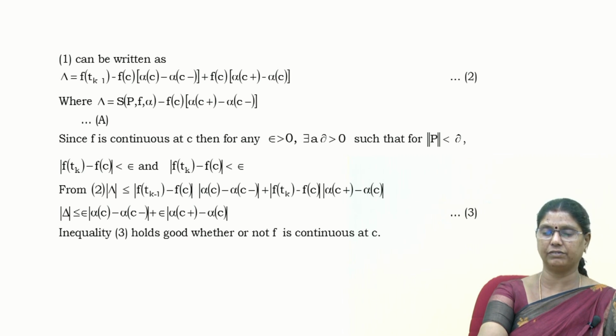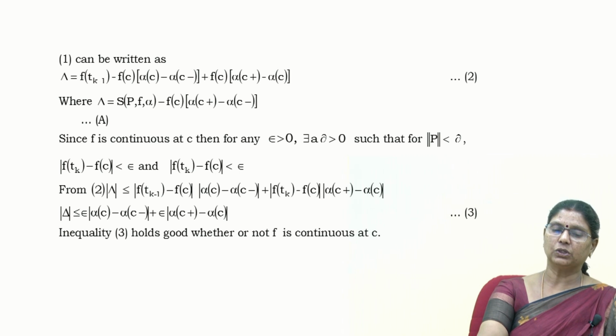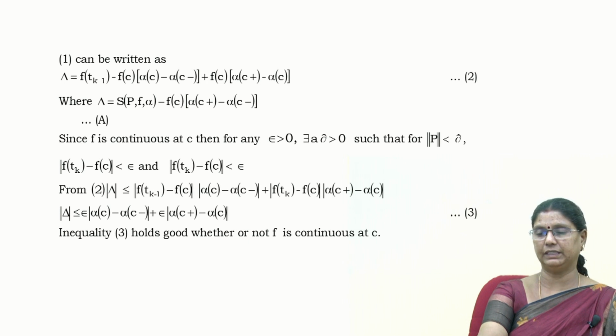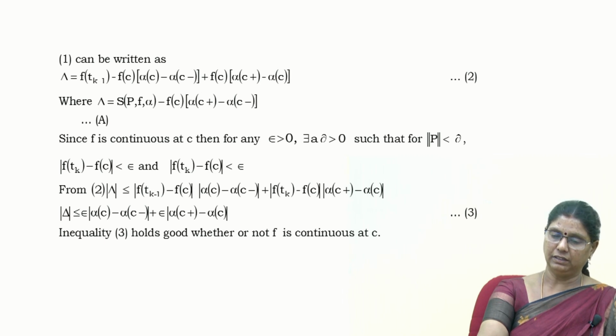So, by using equation 2, modulus of delta is less than or equal to epsilon into modulus of alpha of c minus minus alpha of c, plus epsilon into modulus of alpha of c plus minus alpha of c. So, from inequality 3, it holds good that whether f is continuous or not, we can obtain the required form.